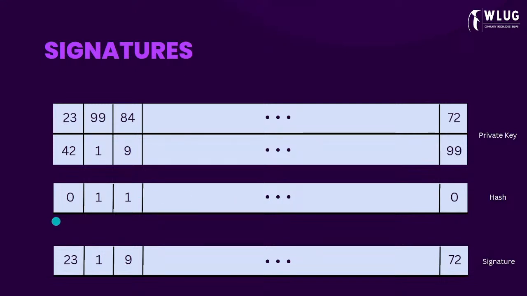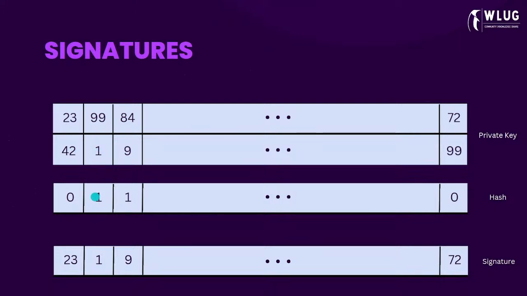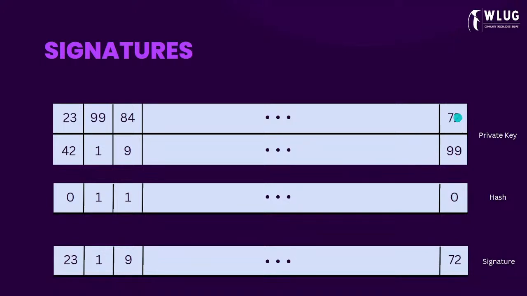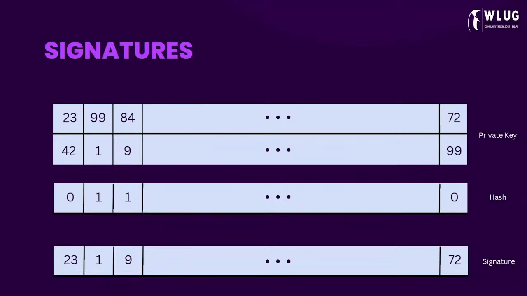To calculate the signature, if the bit is 0, we choose the first number. If it is 1, we choose the second number. So for this, it is 0, so we choose 23. It is 1, we choose 1. If it is 1 again, we choose 9. Here it is 0, so we choose 99. Sorry. If it is 0, we choose the top number, so therefore we choose 72. So this is our entire signature. Very easy, right?